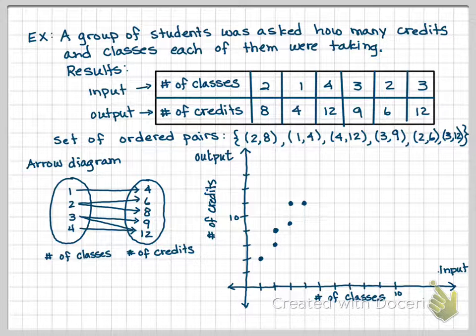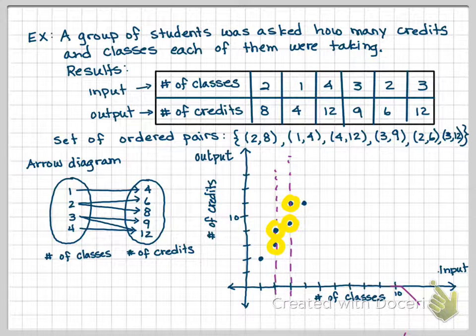And one thing to notice on the graph is that these x values that correspond to 2 different outputs, in this case 2 and 3, notice that there are multiple points on those vertical lines. So this is what we call the vertical line test.